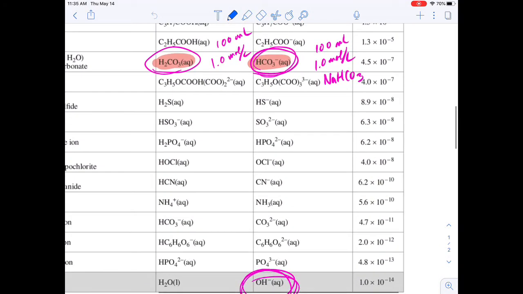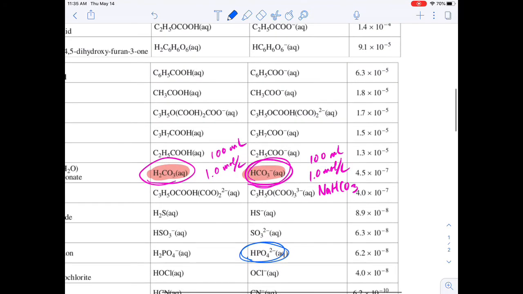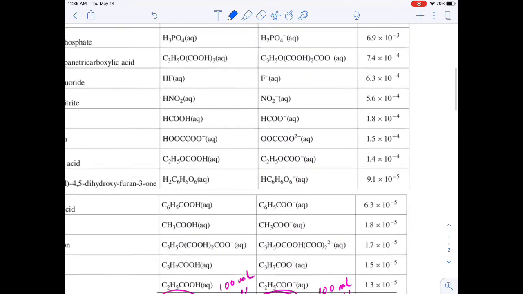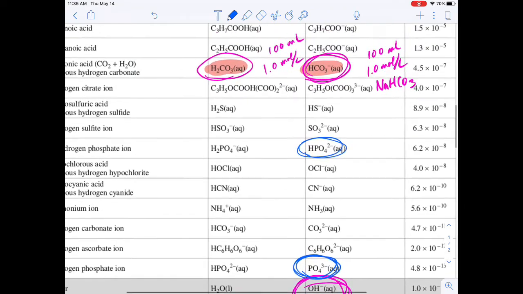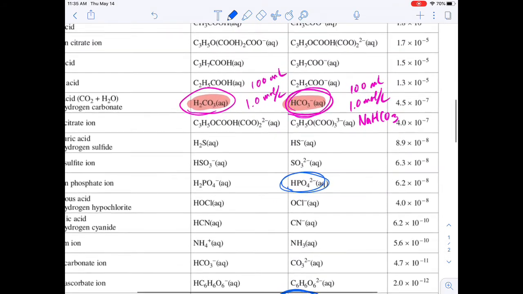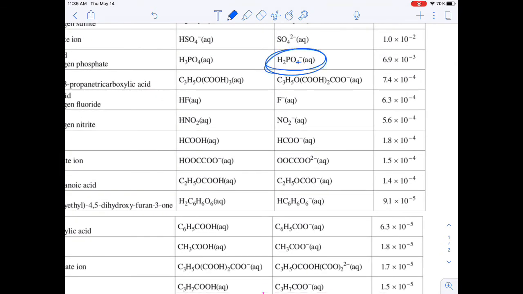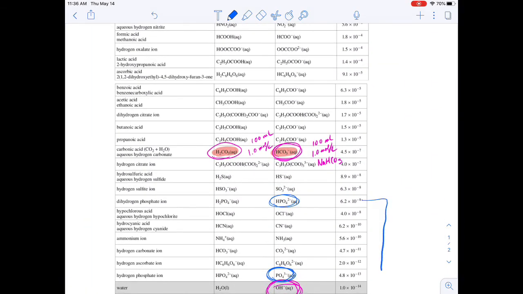But what's kind of important to know is that the phosphate ion and the hydrogen phosphate ion are so similar in pH.